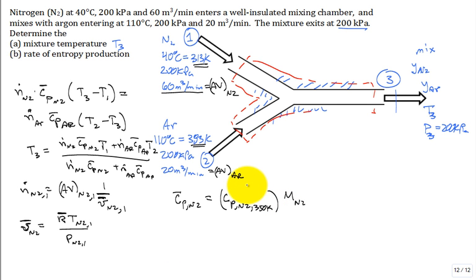Now the other one is a little different. So this one came out of the table, but I can't find C sub P of argon at 350 K in a table anywhere in this textbook. What am I going to do? What am I going to do about argon? Yeah, I'm looking for one key word.